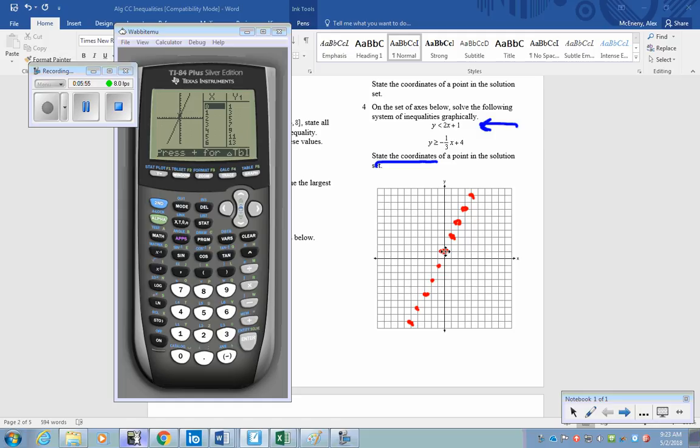Now the other part, like I talked about, is that there's a less than sign. So this is going to be a dashed line, and then it'll be shade below. Make sure you have that chart that I just talked about written down on your paper. I'm going to draw in some dashes for this.